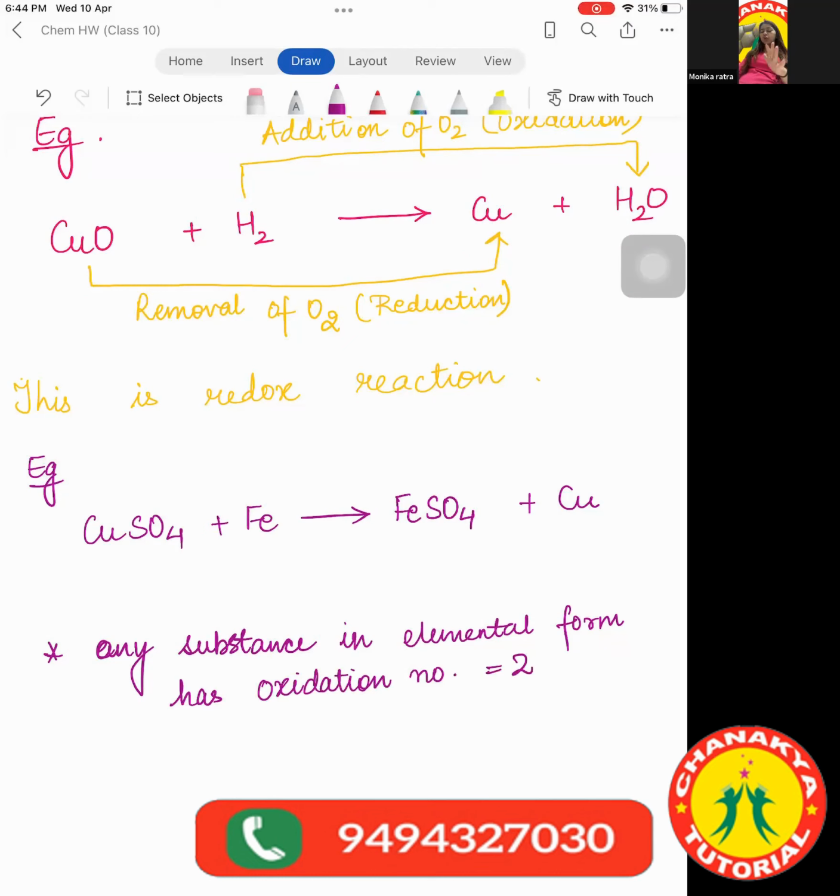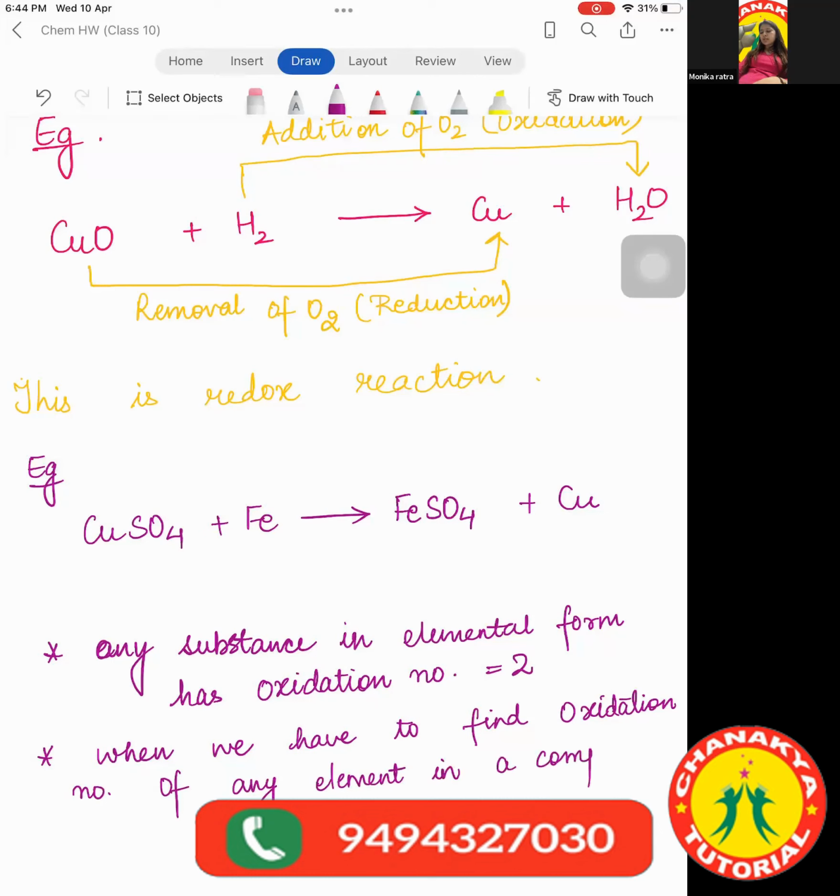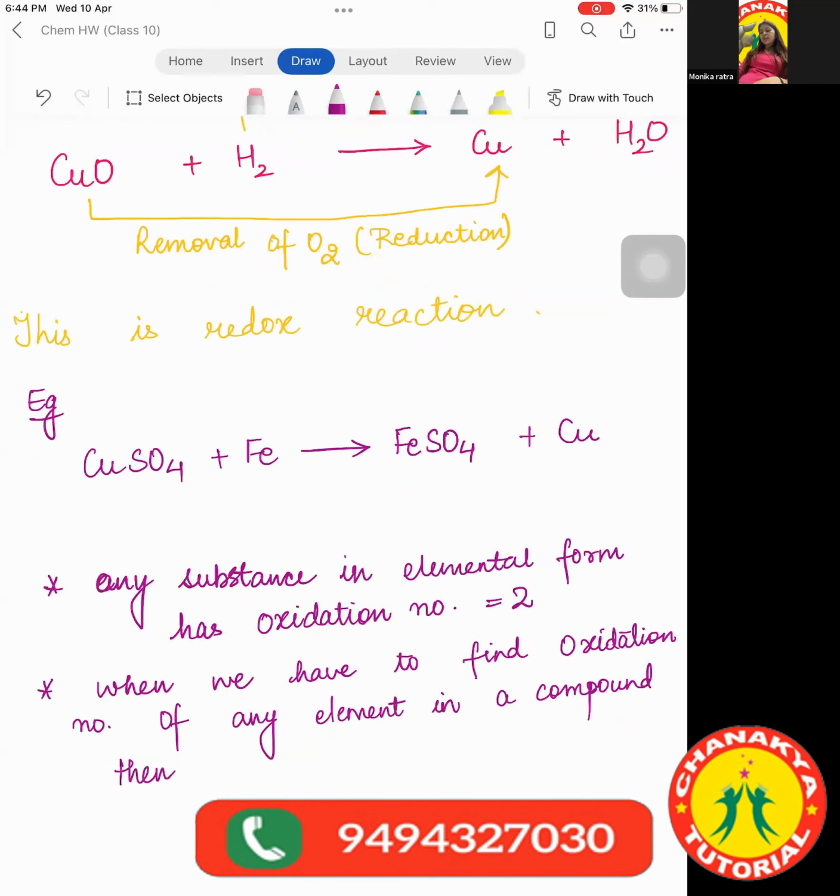I will tell you in short what you can understand our oxidation number as. And then for other elements, when we have to find the oxidation number of any element in a compound, we consider its valency.